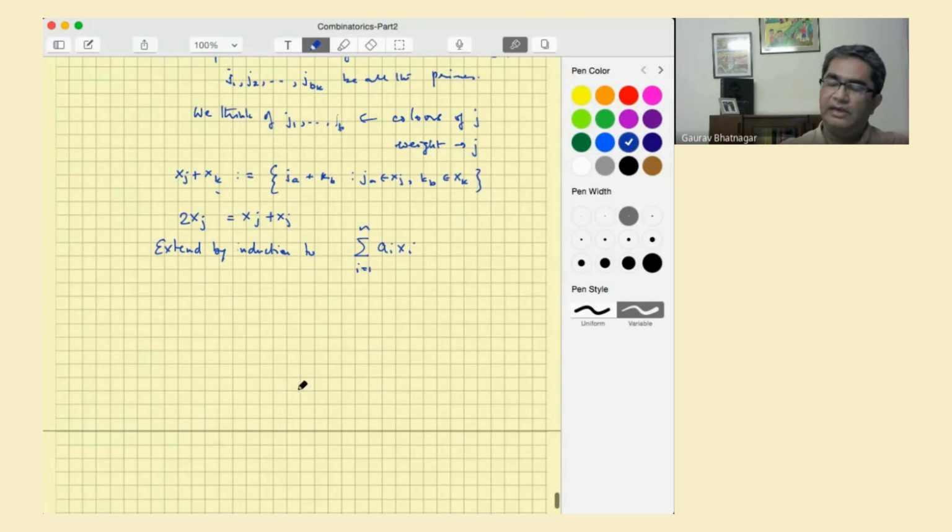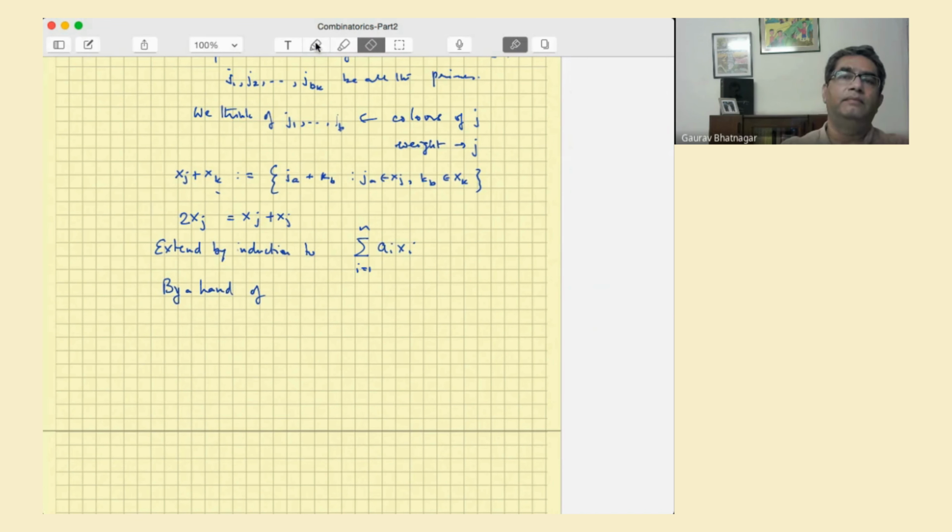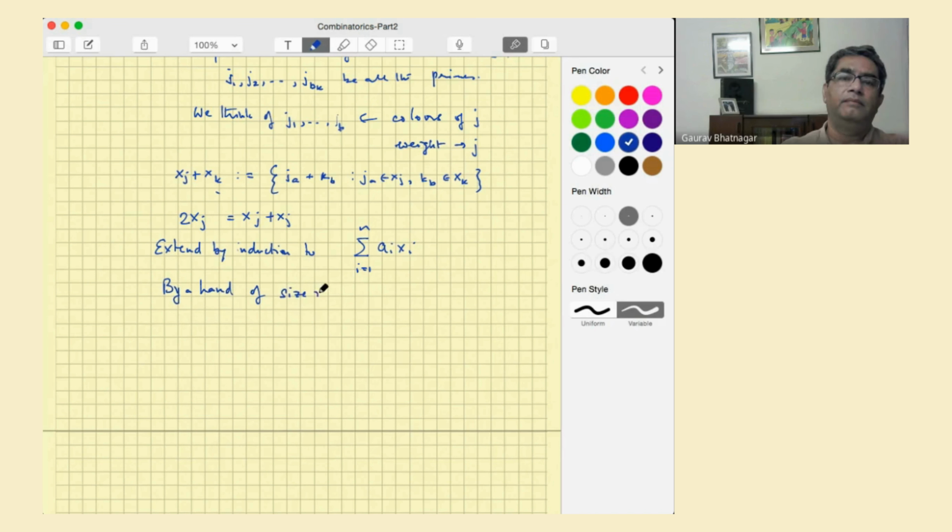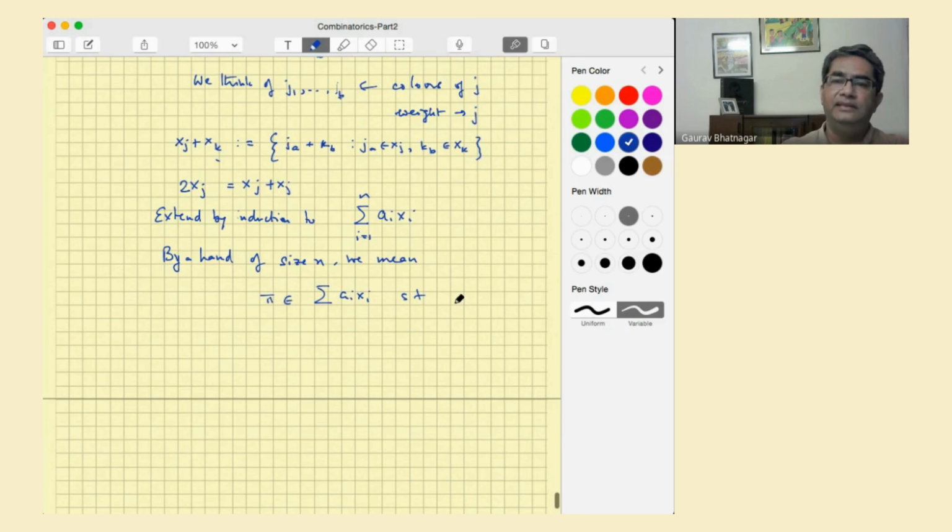Okay, so by a hand of size n, we mean some element pi belonging to this, such that ai elements are of weight i, so the summation of i times ai is equal to n.